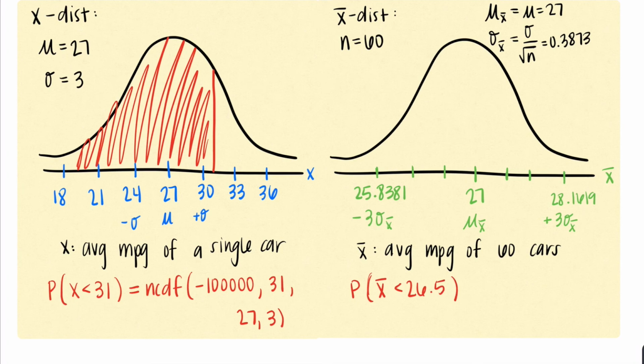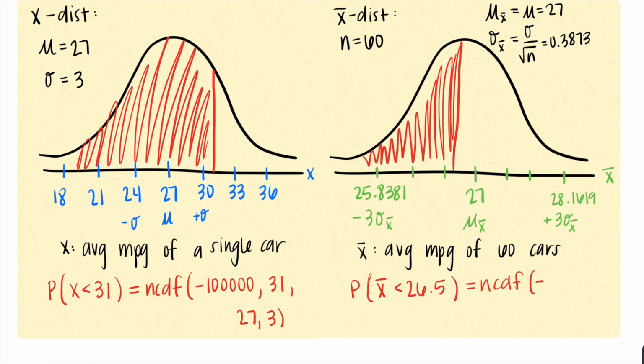That means I should use the distribution that corresponds to samples of size 60, which is the second distribution that I've drawn here. I'm still going to use the normal CDF function, and on this curve, this would look something like this here.